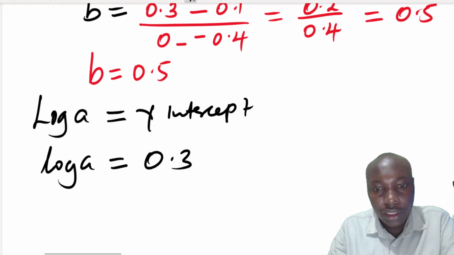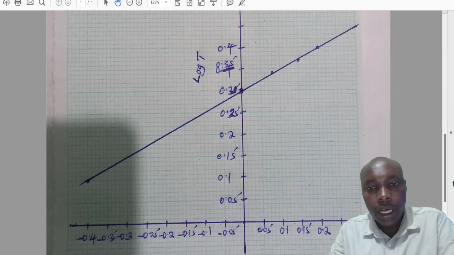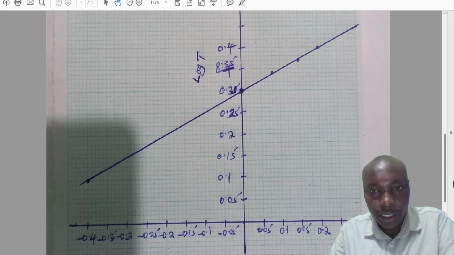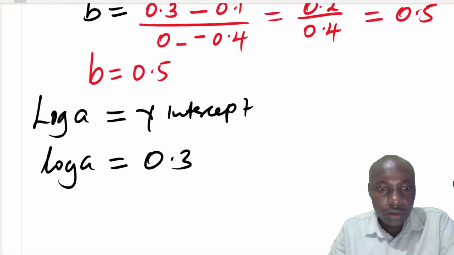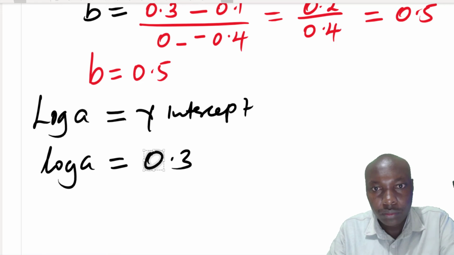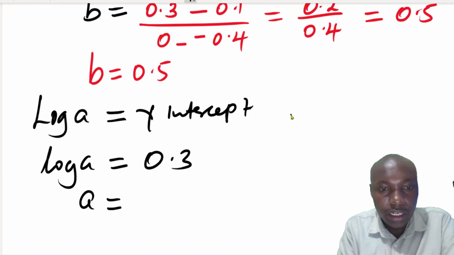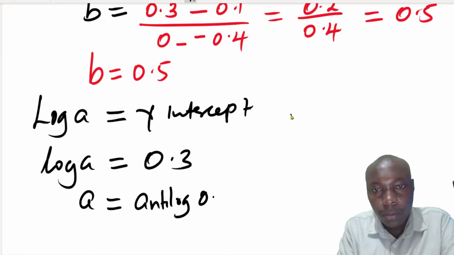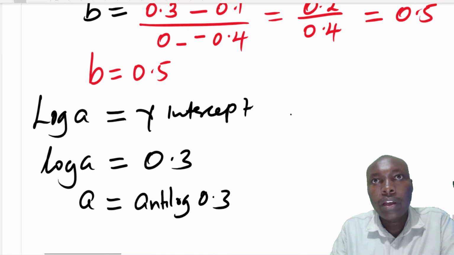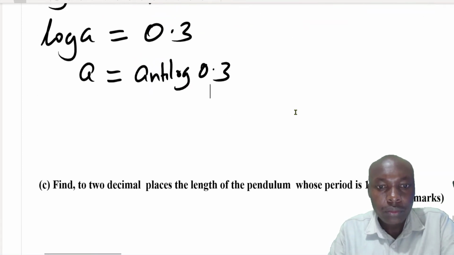That is the point where the line cuts the y-axis. If you are to get A, how do you get A? You get the antilog of 0.3.